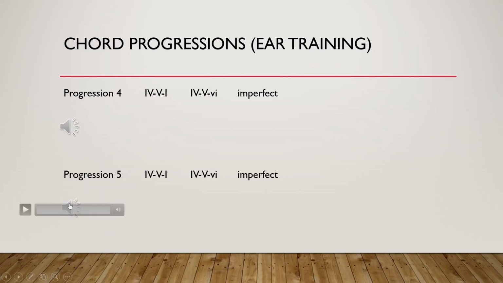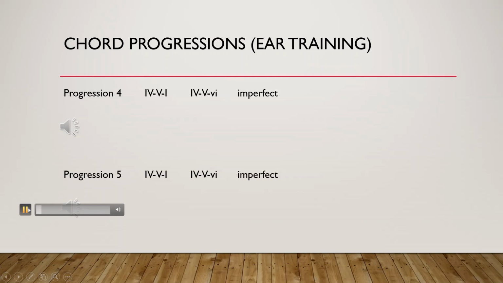And the fifth and final progression. In my opinion, this one is the easiest. Does the music resolve, and if so, is it to the place you would expect, or is it to the 6 minor chord?